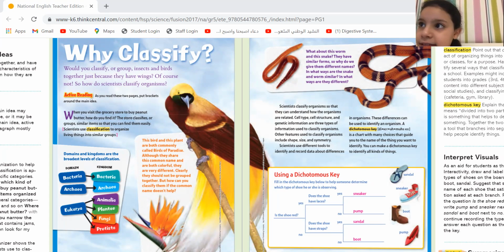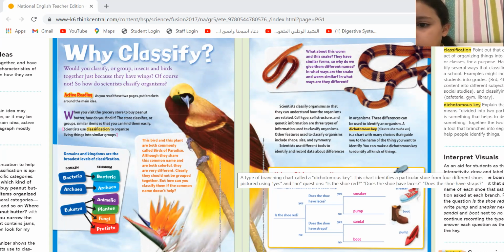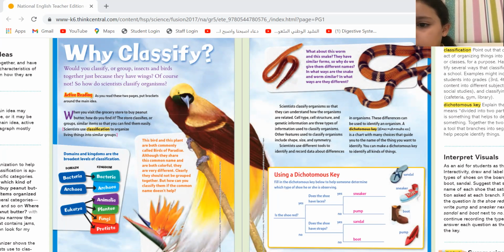All right, now let's use it. Let's have a practice on that. This is a dichotomous key, okay? It will help someone determine which type of shoes he or she is observing.